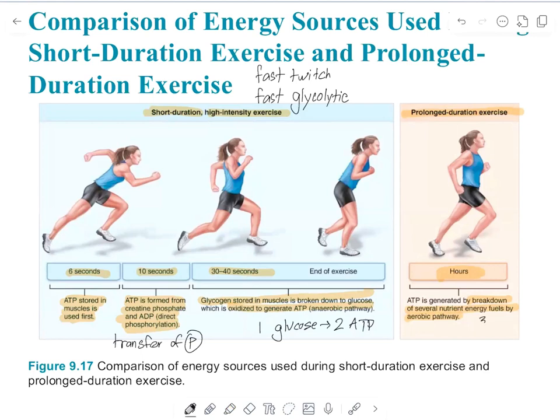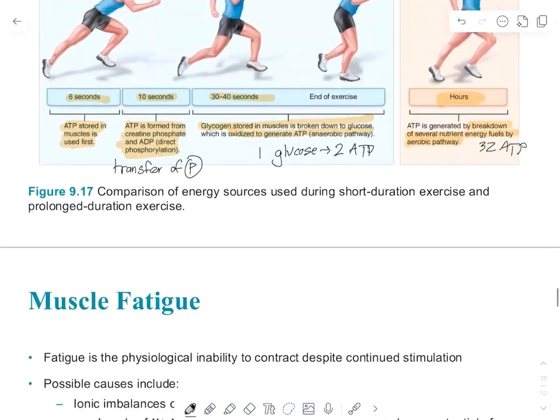And this is an additional 32 ATP. We would see this in muscle fibers that are called slow twitch or slow oxidative. They're called oxidative primarily because oxygen is available and we have mitochondria present in those fibers.